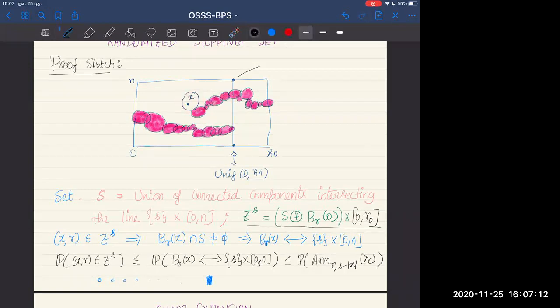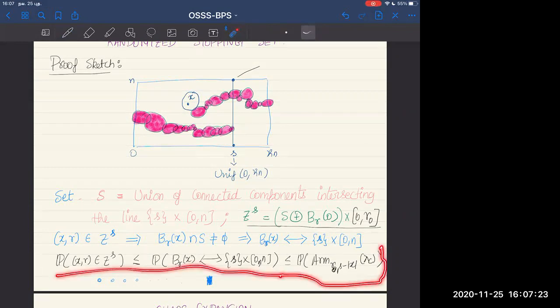And one more typo, R naught. And again, you can bound it exactly by the arm probability. Now average out over S. S is random. Average out over S and you get the result.